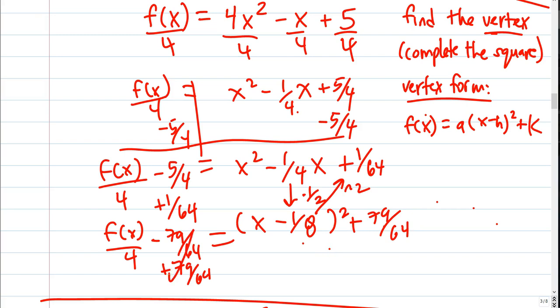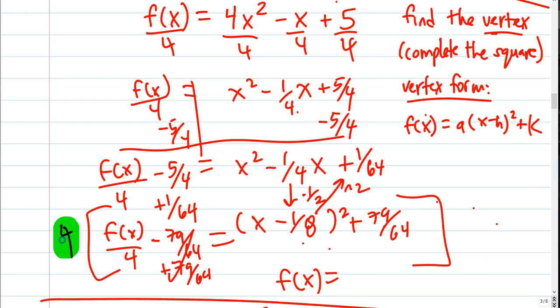And then we're going to multiply everything by 4. So what's that going to give us? F of x is equal to this 4. Clears out the 4 there, but it distributes. It's basically our a. So 4 times (x minus 1/8) squared plus 79 over 64 times 4.